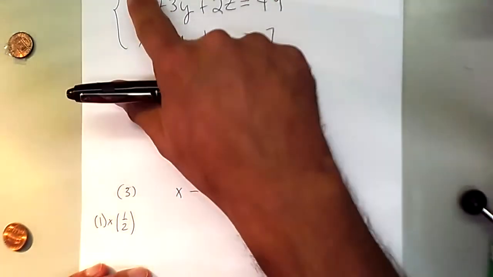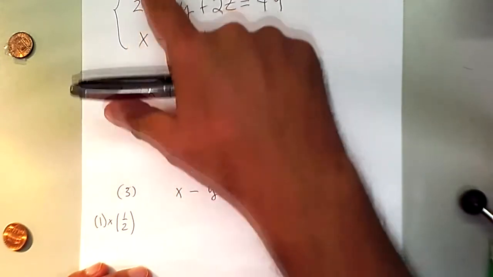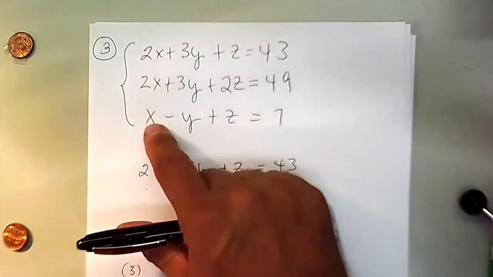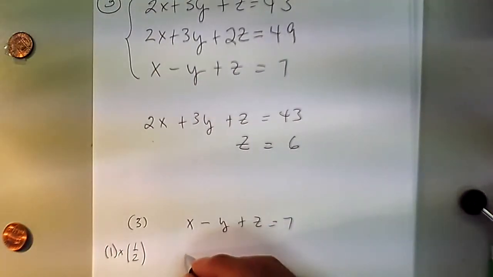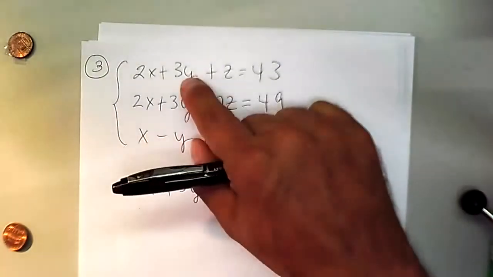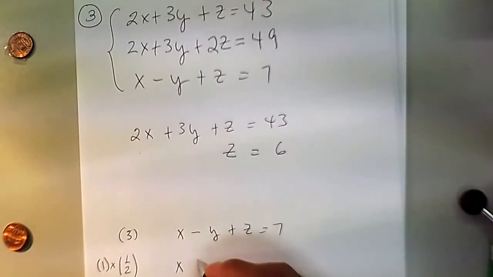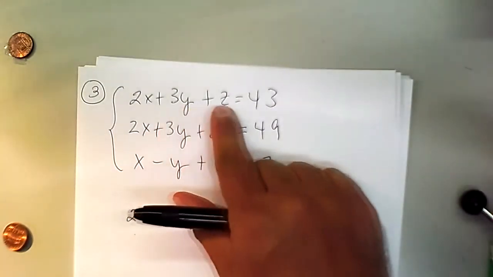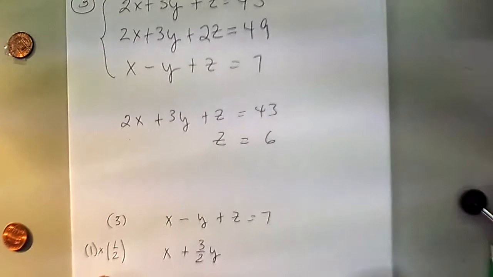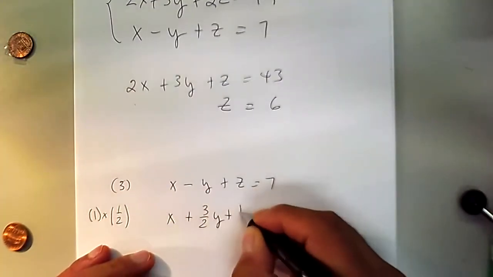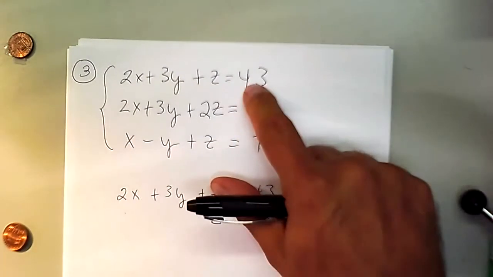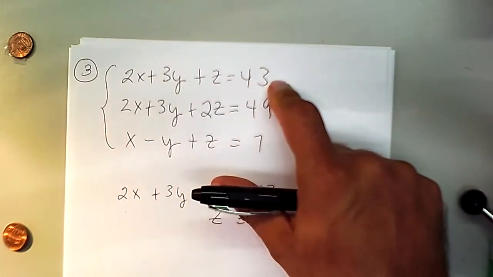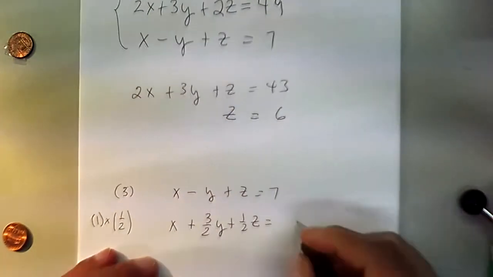That will cause this 2 to become a 1, making it a matching coefficient. So 2 times a half is 1x. 3 times a half is 3 halves y. z times a half is half z. And 43 times a half is 43 halves.